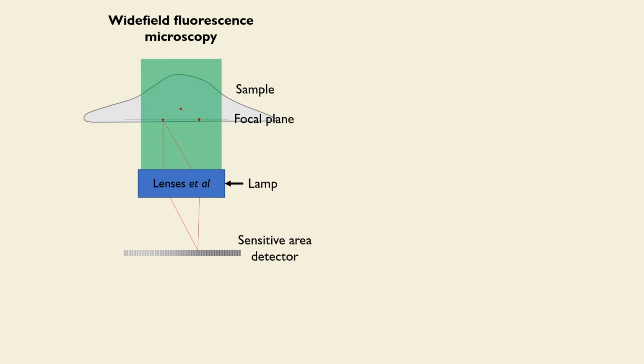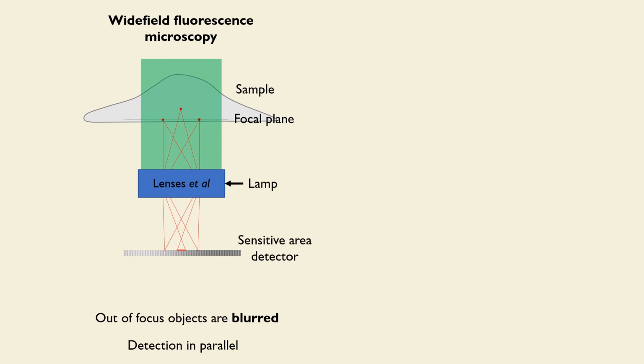So the light from this fluorophore might be focused there, whereas the light from this other fluorophore might be focused there. In contrast, light from fluorophores that are outside of the focal plane, like this one, is blurred. The image of it is blurred when it is projected onto the sensitive area detector.